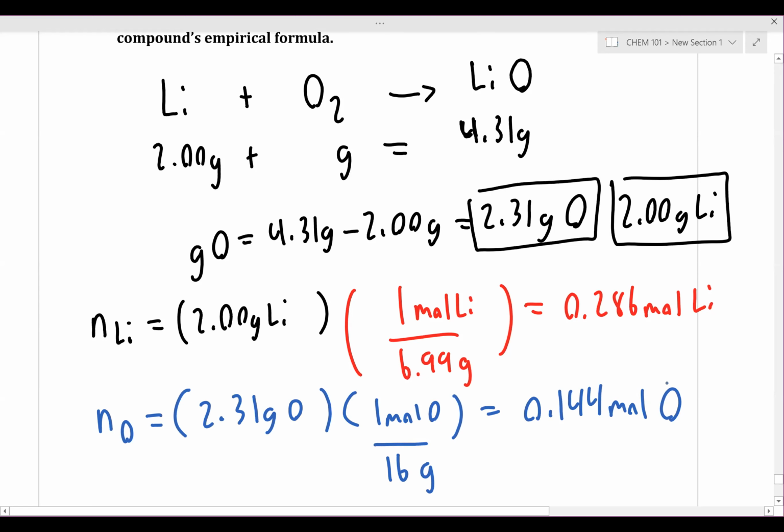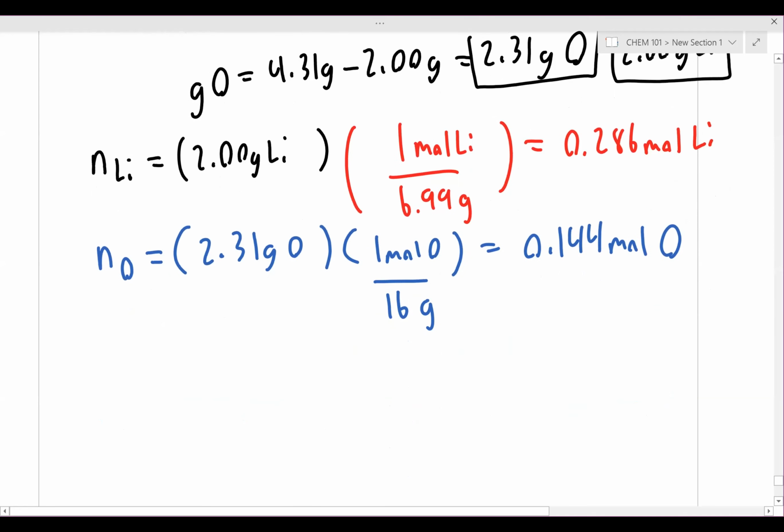We have the moles, and the empirical formula fundamentally is a ratio of what? Empirical formula is a ratio of moles. Exactly right. So then, the moles of oxygen over the, actually, let's do it the other way. Why would I want to divide the moles of lithium by oxygen?